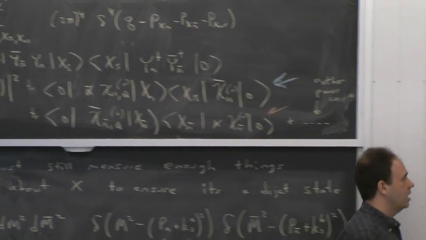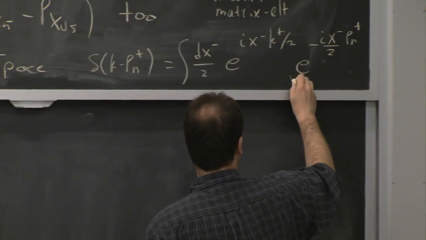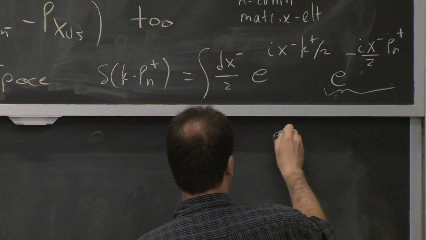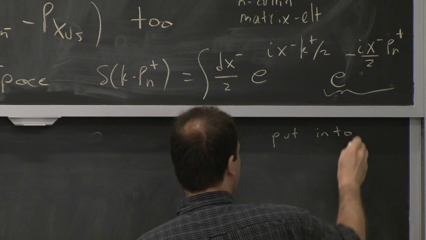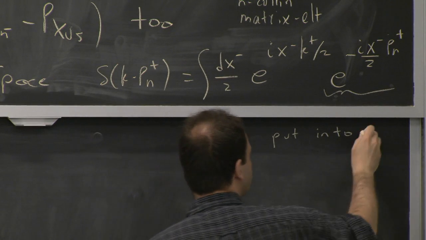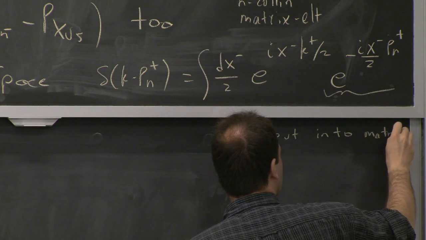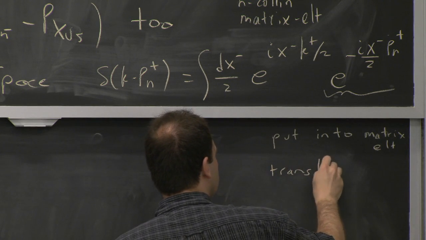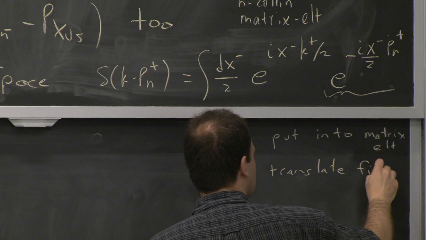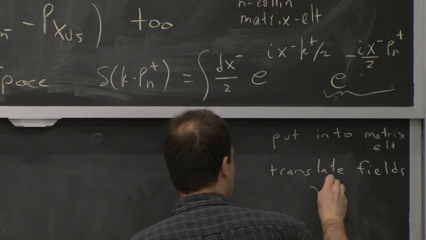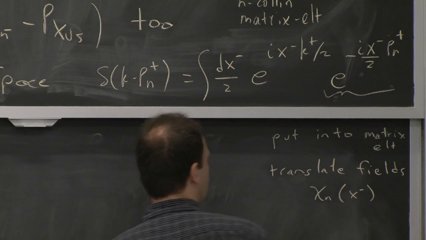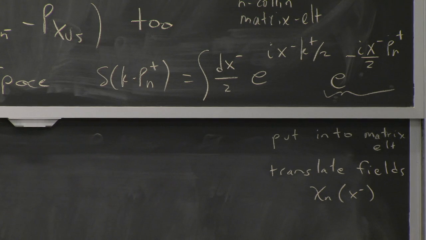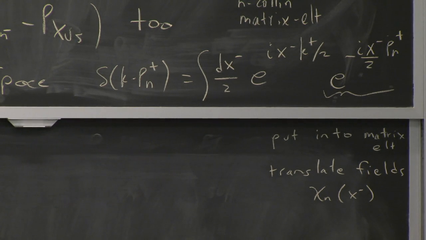What you can do with this guy is put it into the matrix element and translate the fields to point x. And then you'd have like a chi n x minus. So that's how we can deal with that guy.